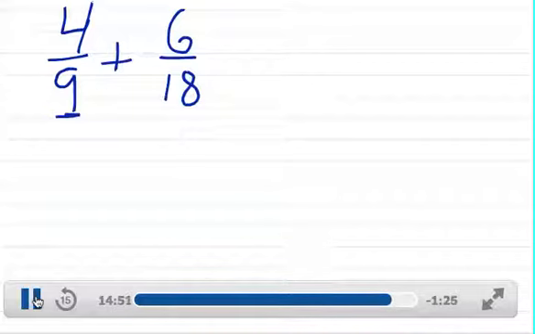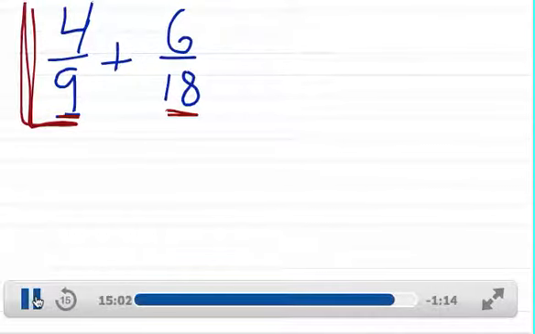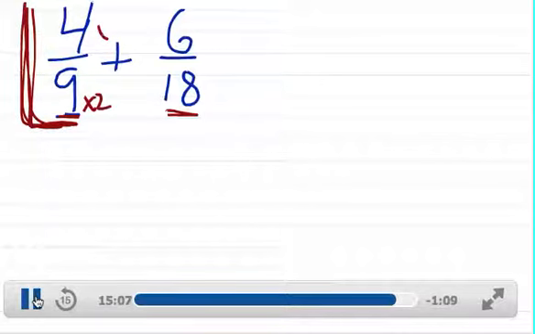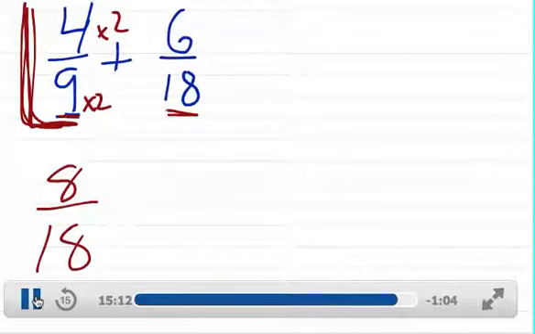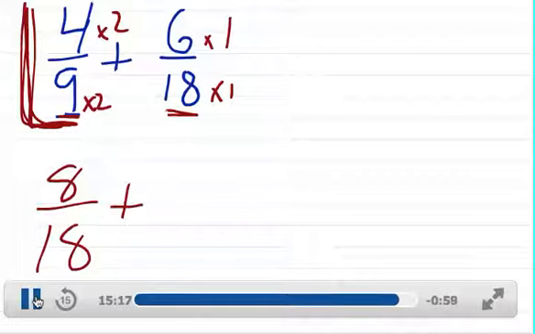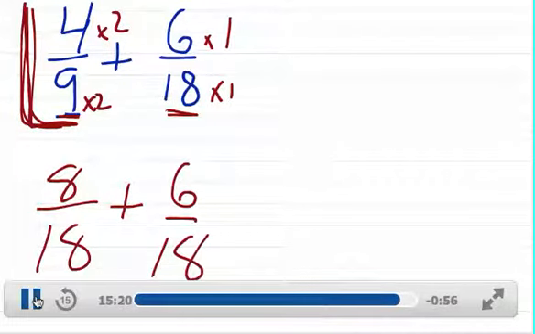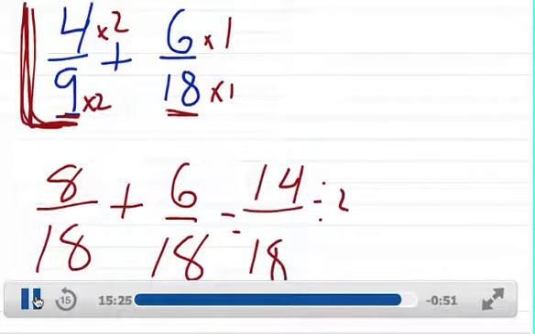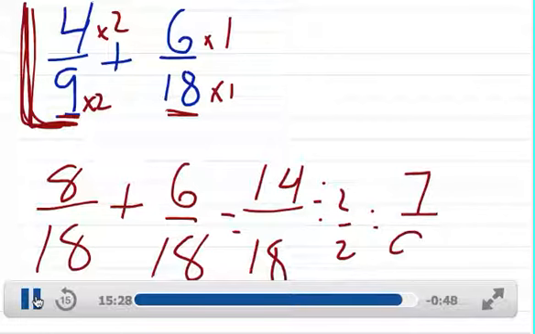We really need to look at these denominators, 9 and 18. I know that 18 is a multiple of 9, so I only need to change this fraction right here. How do I go from 9 to 18? Times 2, so 4 times 2 is 8, 9 times 2 is 18. This stays the same, or I multiply it by 1 because any number times 1 is itself, plus 6 18ths equals 14 18ths, which I divide by 2 over 2, and that gives me 7 ninths.